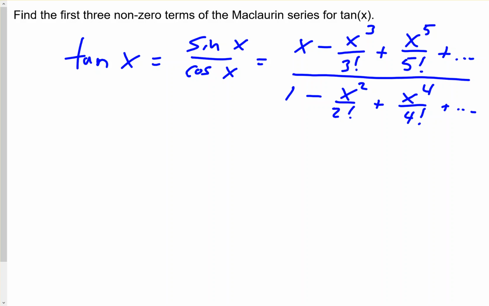Okay, so I'm going to divide the sine x polynomial by the cosine x polynomial. Okay, so I have x minus, now the coefficient here for the x cubed would be 1 over 6, right? And then we have plus, 5 factorial, so 1 over 120 x to the 5th.